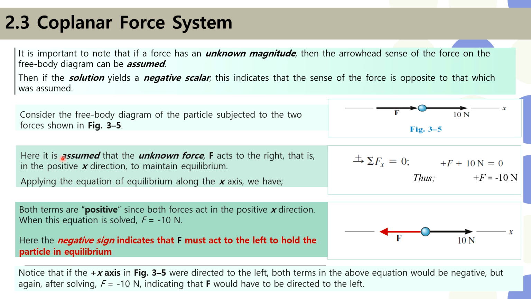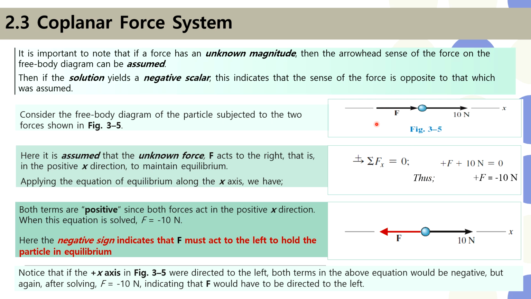So let's look at a very simple example here. Imagine a particle being pulled to the right with a known force of 10 newtons, and an unknown force F pulling along the same axis in this figure 3.5. When we set up our equations, it is crucial to assume a direction for the unknown forces.